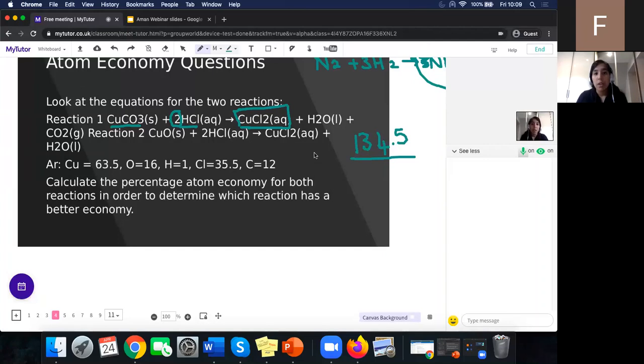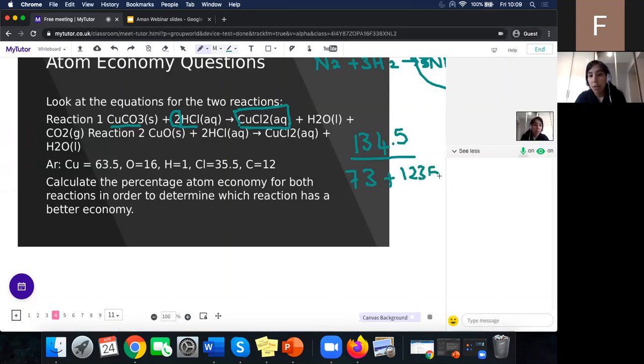Good, so the HCl then will be 2 plus 71, and that's because it's 2 times 1 plus 2 times 35.5, which gives us 73. And then we add that to the MR of copper carbonate, which will be 63.5 plus 12 plus 16 plus 16 plus 16, which gives us an answer of 123.5.